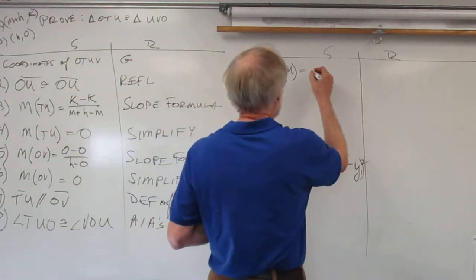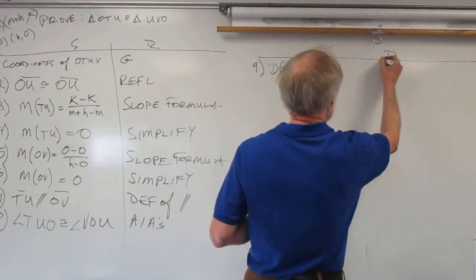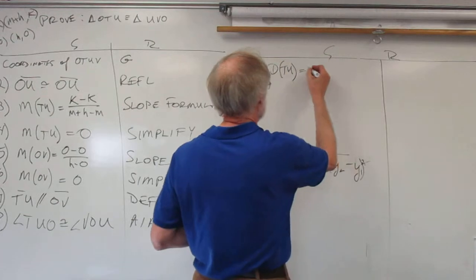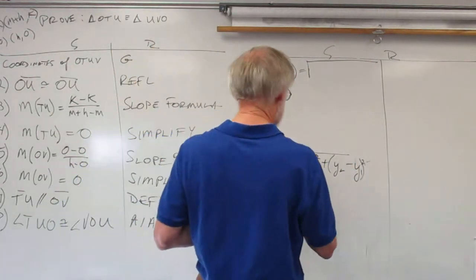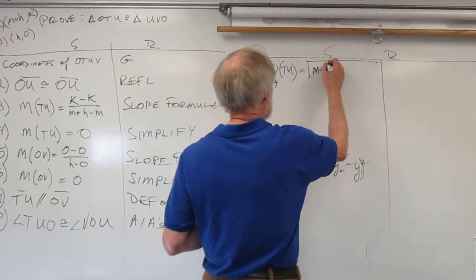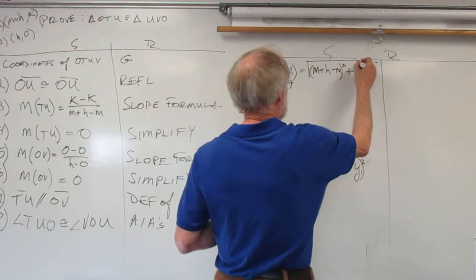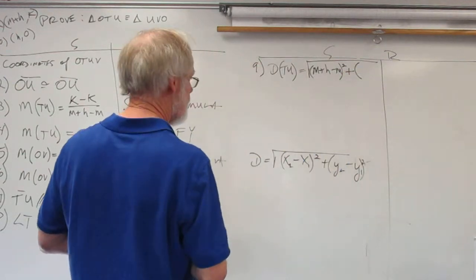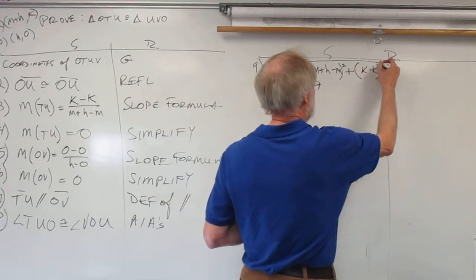Okay, so now I'm going to move this well over because it's going to be in my way, so let's move that over here so I have enough room. So it's the square root of m plus h minus m squared plus, and then the difference of the y values is k minus k squared.